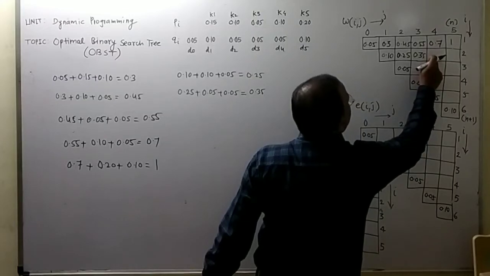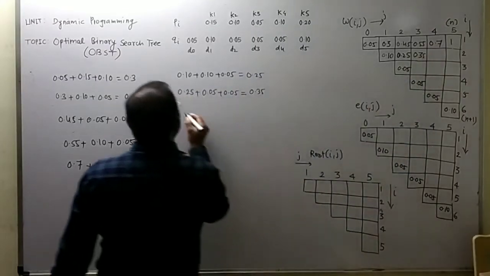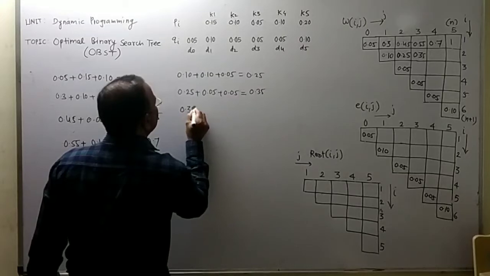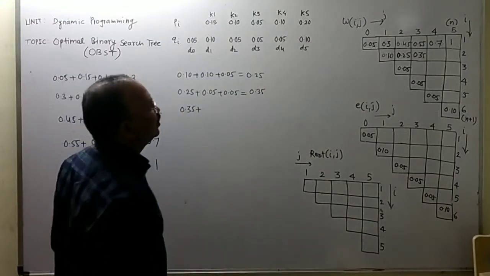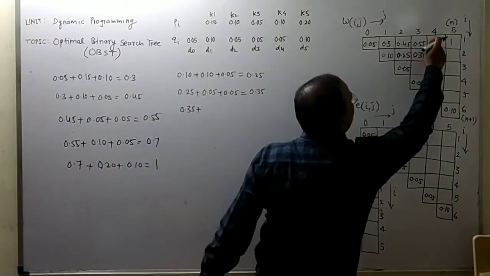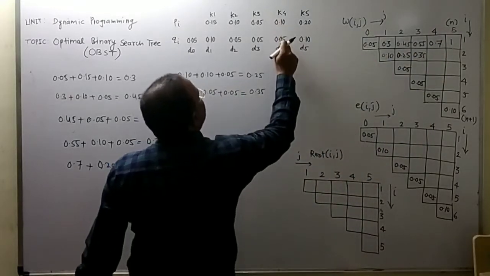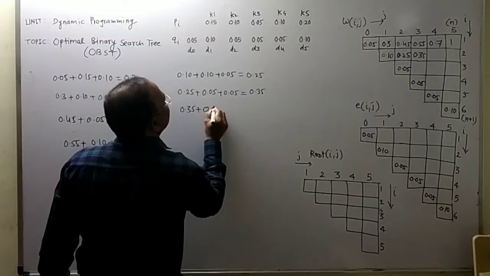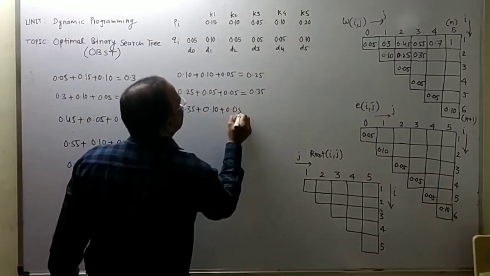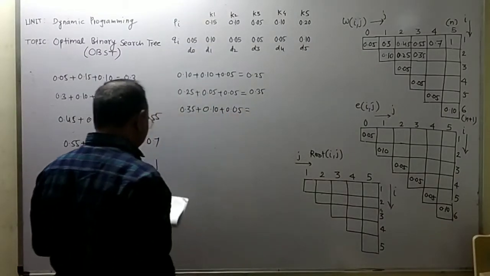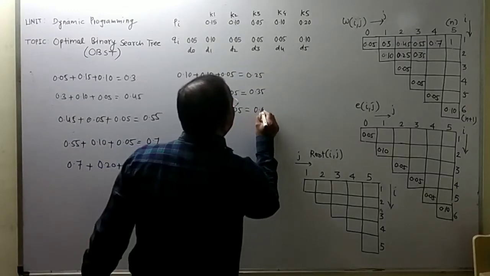The value for this cell is the previous value 0.35 plus the probability of K4 and D4, that is 0.10 plus 0.05, which is equal to 0.50.